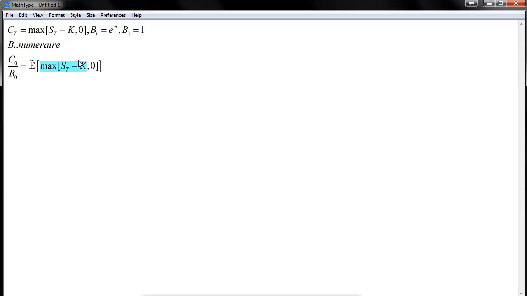Don't forget that there is a B_T. But like I said, at time 0 this term is 1, so actually on the left hand side we only have the value of the option at time 0, and this is the value that is of our interest. Okay, we need to get the formula for C0.